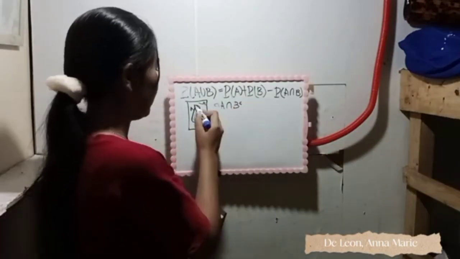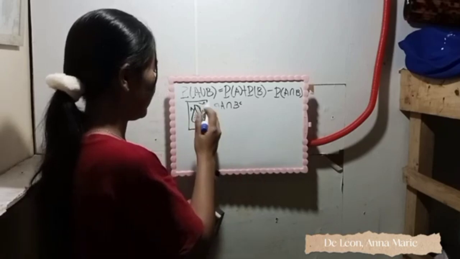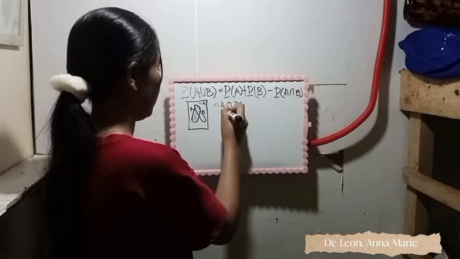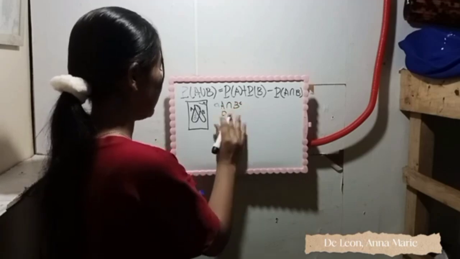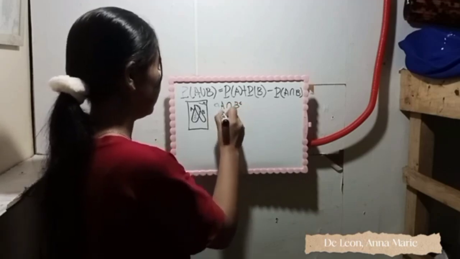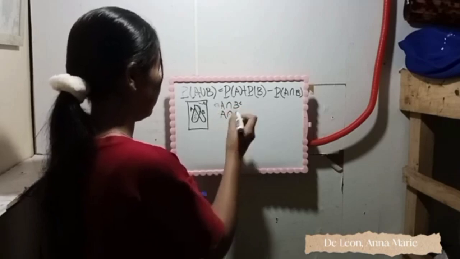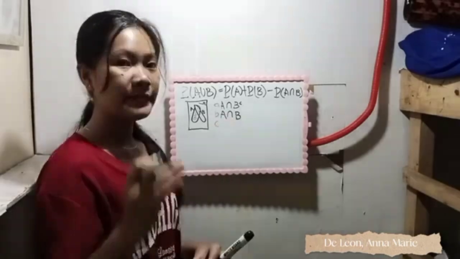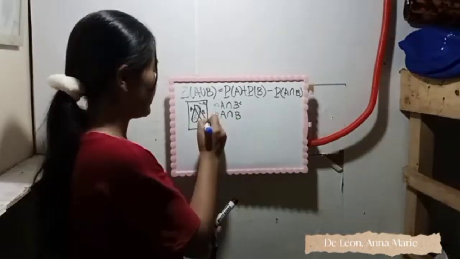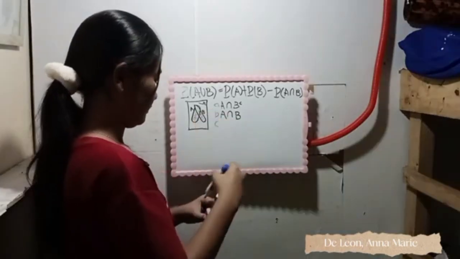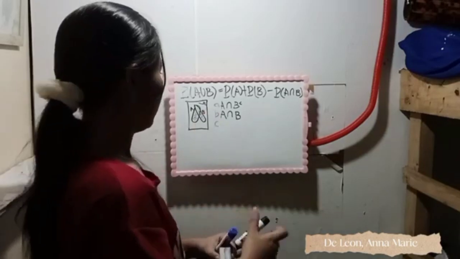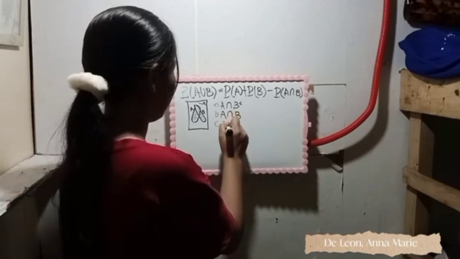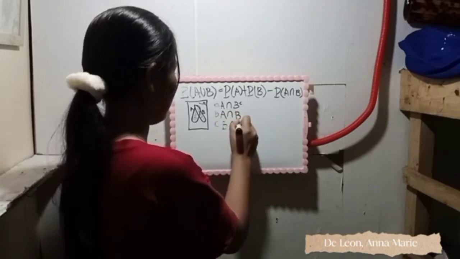And when both A and B occur, then here is A intersection B. And if B occurs, this happened here, you can say that probability of B intersection A complement.